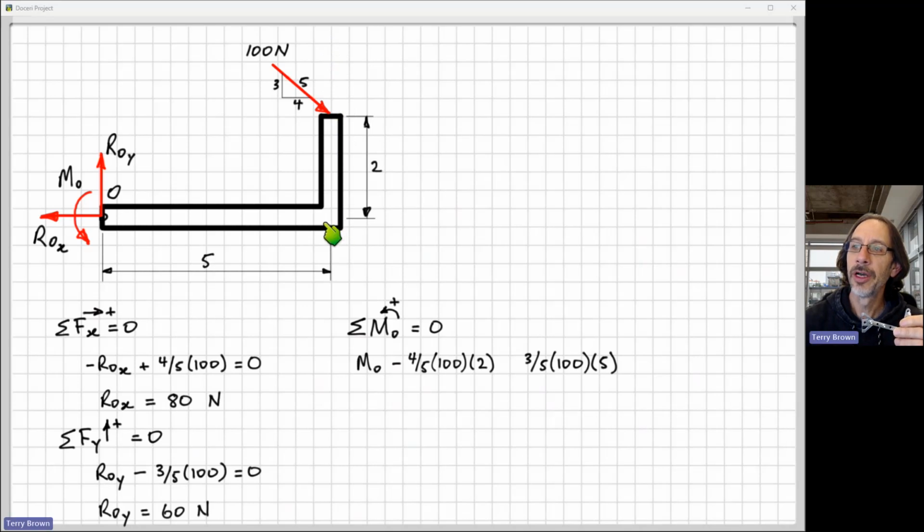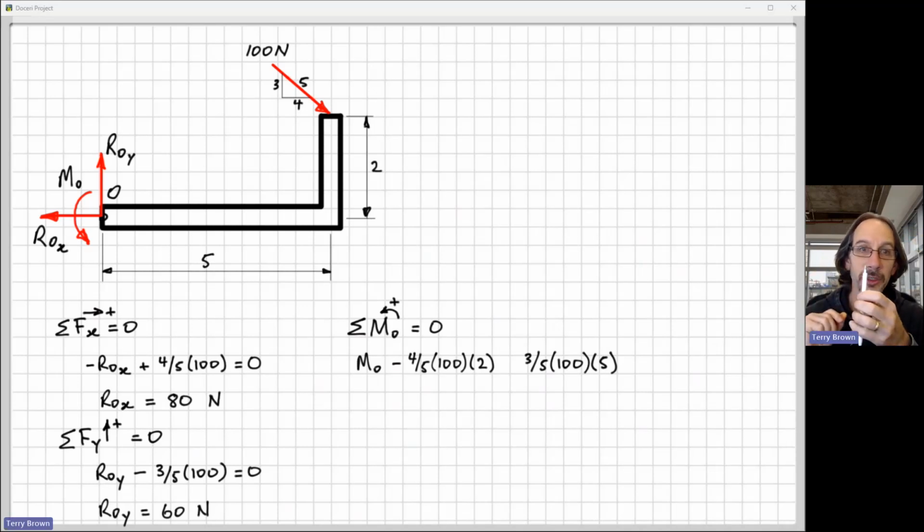Perpendicular distance is 5. So 3/5 times 100 times 5. Is it clockwise or anti-clockwise? Let's have a look at our little model again. Pushing down here, which way is that going? Going clockwise. Again, if you don't have a little model like that, you can of course just grab a pen and do the same thing.